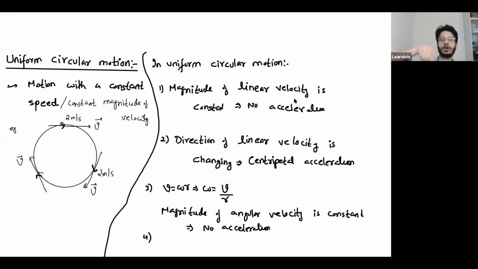Fourth one, the direction of angular velocity. Just curl your fingers along the motion. If the body is moving clockwise, just curl your fingers clockwise. This thumb will give the direction of your angular velocity, and it's always along the axis of rotation, not tangential. So the direction of angular velocity is not changing.